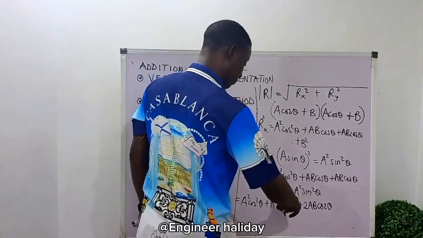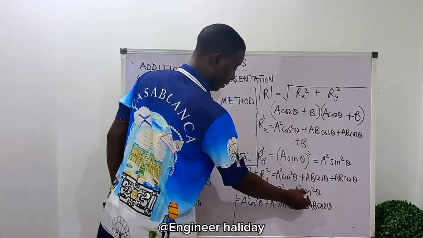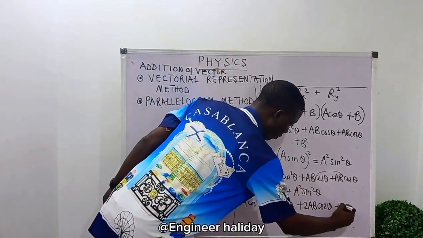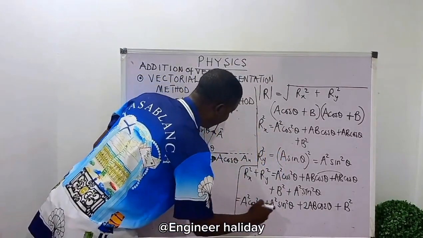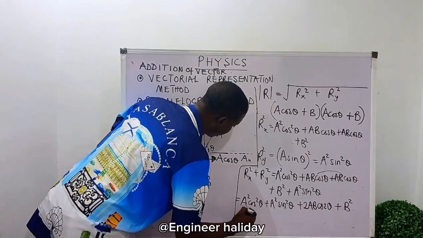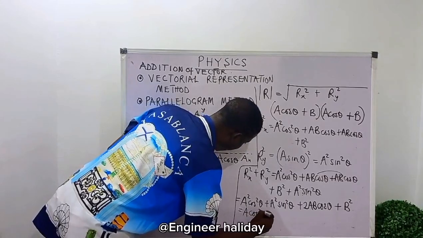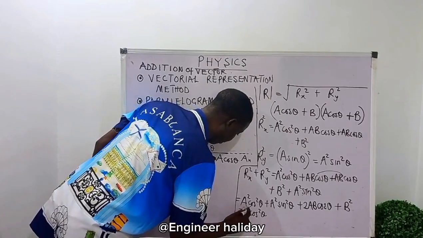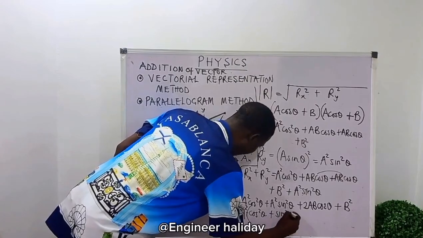Then what do we have now? We have taken this and this, remaining plus b square. Now, if you combine these two together, you see that this one will give us a square, factorized out, times cos square theta plus sin square theta.